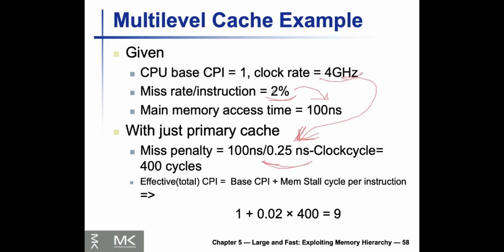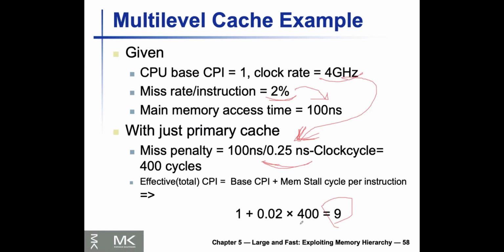Yeah, that's the clock rate, and rate versus time would be inverted. So for the 2% of the time that we miss, we need to pay the price of accessing memory, which is pretty slow, 100 nanoseconds. So instead of a CPI of 1, now we have a CPI of 9, which is pretty slow.